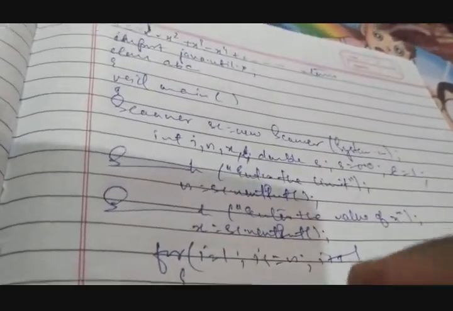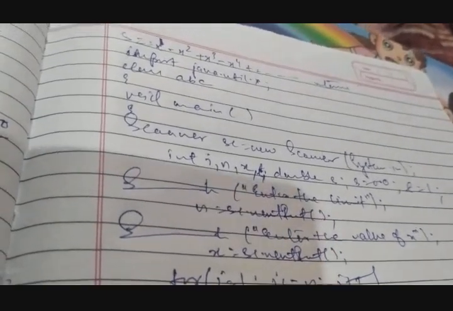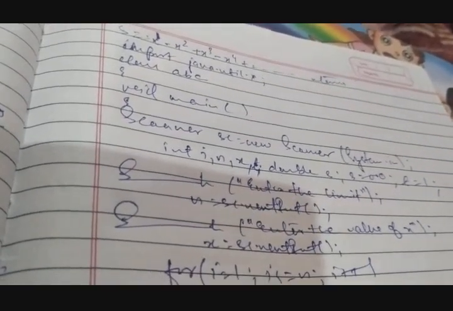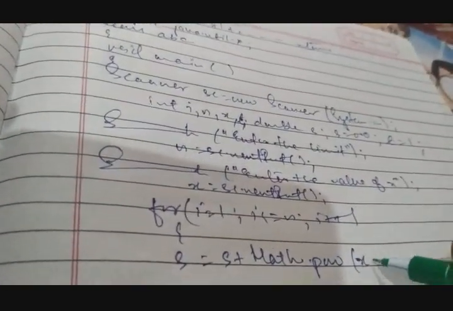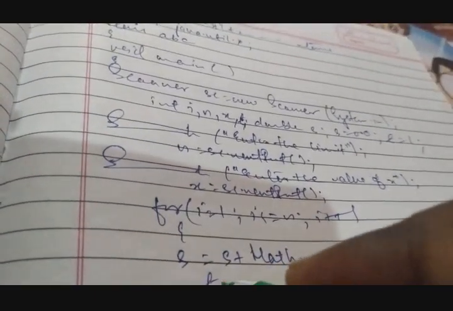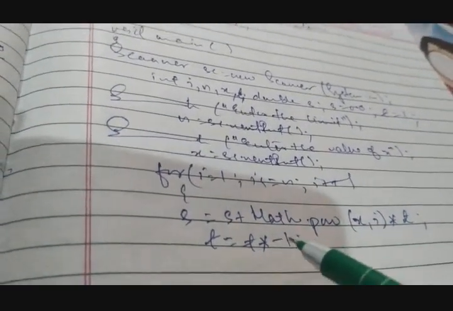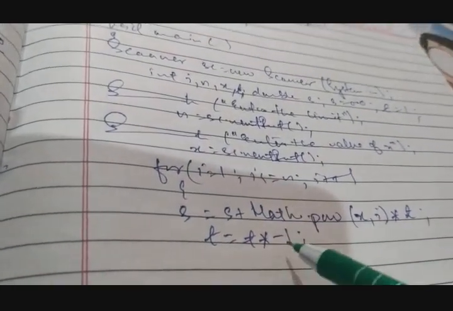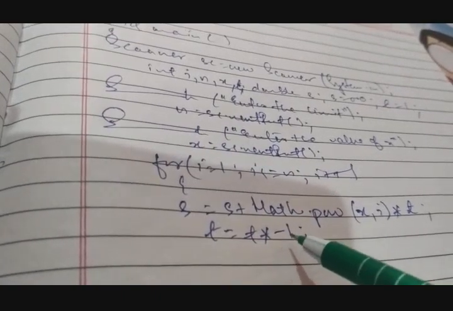s equals s plus Math.pow(x, i) into t, and t equals t into minus 1, so that in the next step when i becomes 2, t becomes negative. Then when i becomes 3, the t becomes positive.